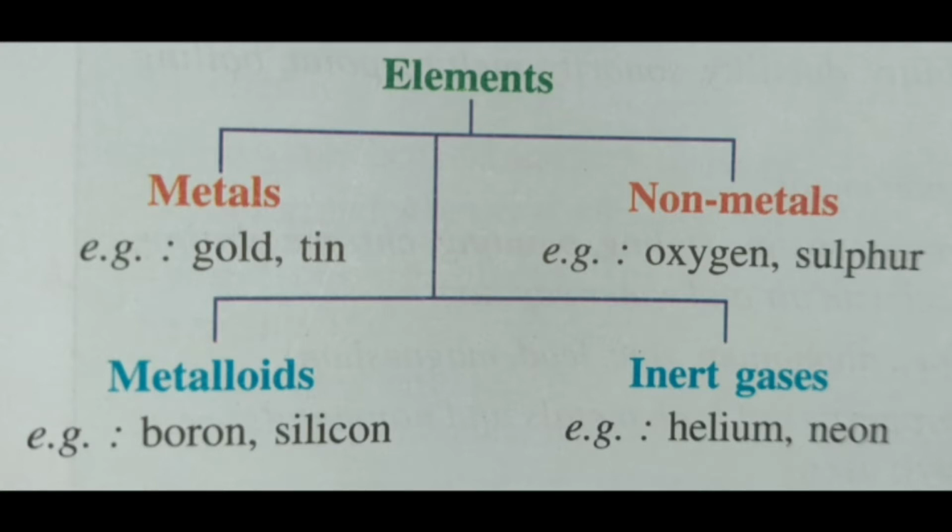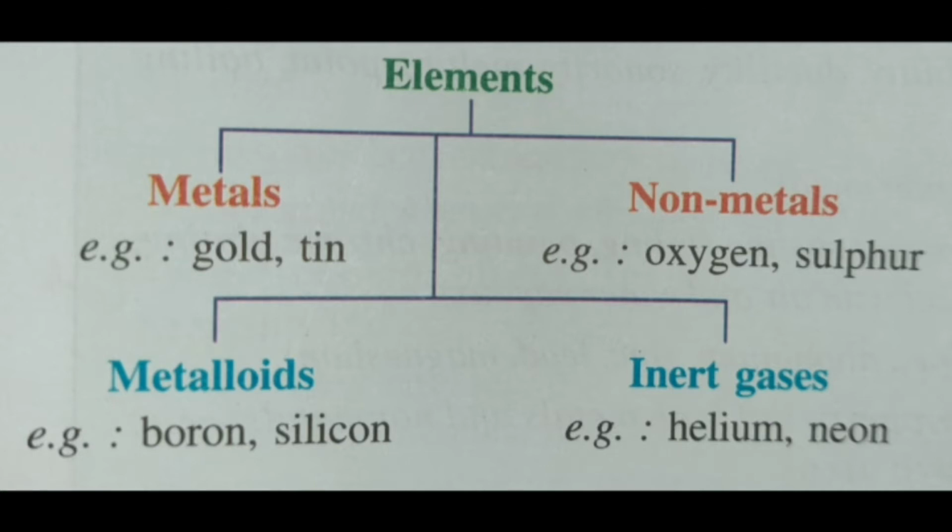This division is mainly based on the fact that there are certain properties which are found only in metals and certain other properties that are found only in non-metals. In further videos, we will discuss the differences between metals and non-metals according to these properties. But now we have to learn what metals are, what non-metals are, and their examples too.